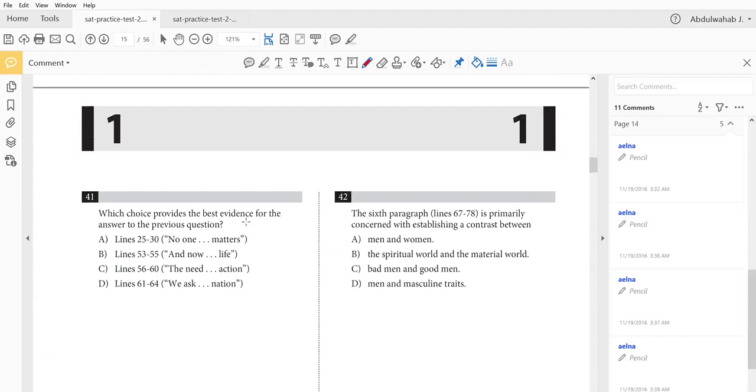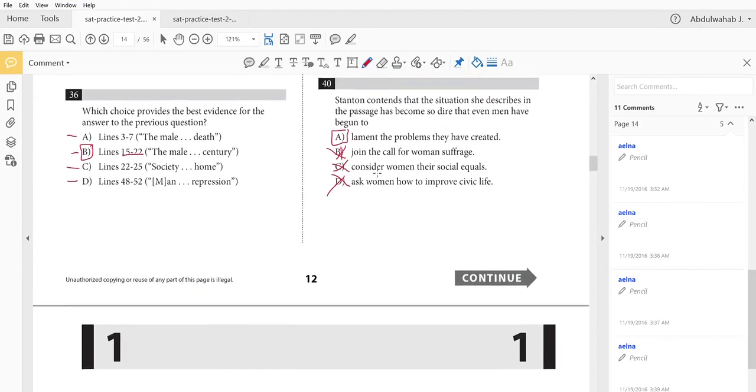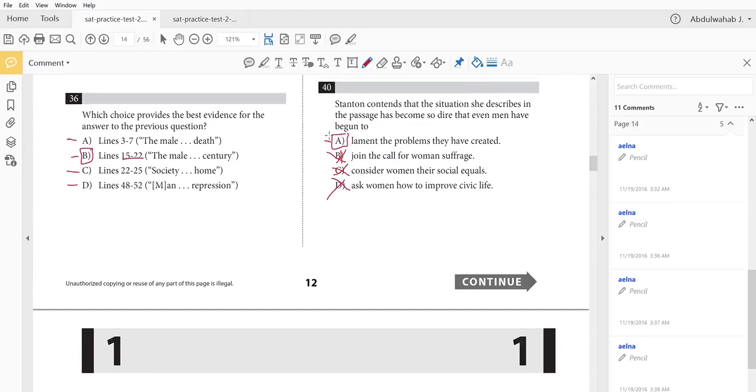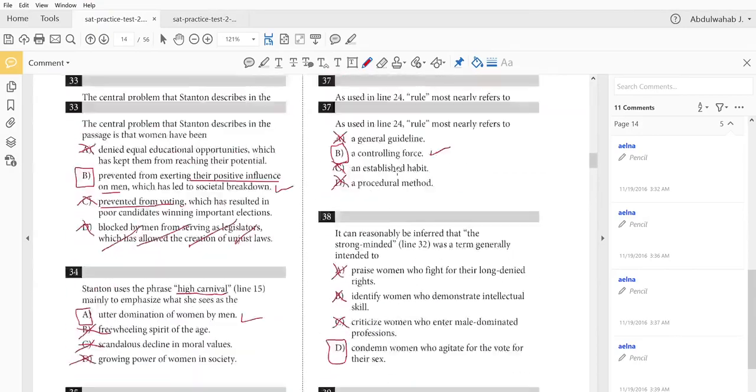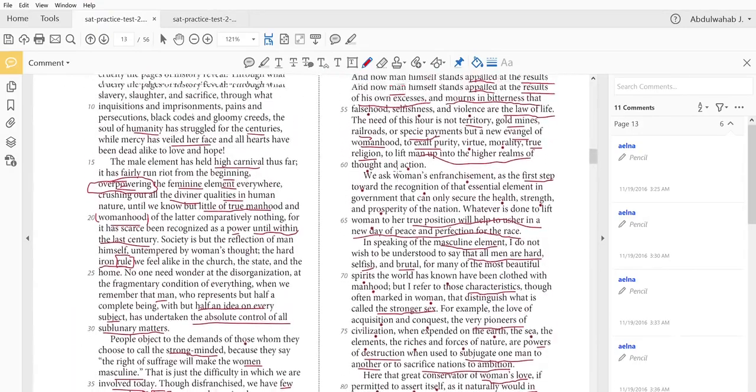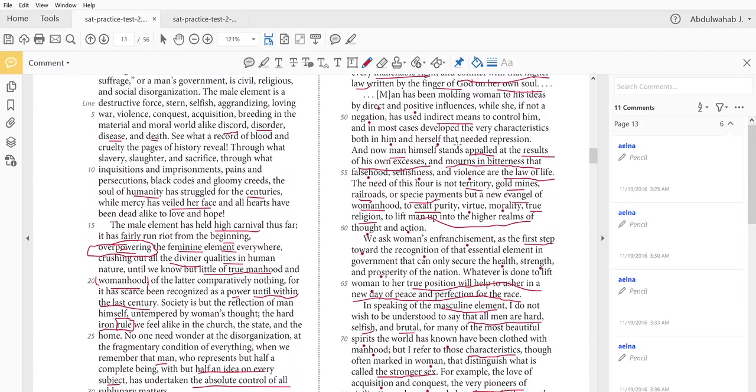Which choice best describes or provides the best evidence for the answer to the previous question? Again, I'm so confident in my answer on this one that I actually don't need to go through all of these options again. I could just go up and check where the information I relied on was. And now man himself stands appalled.